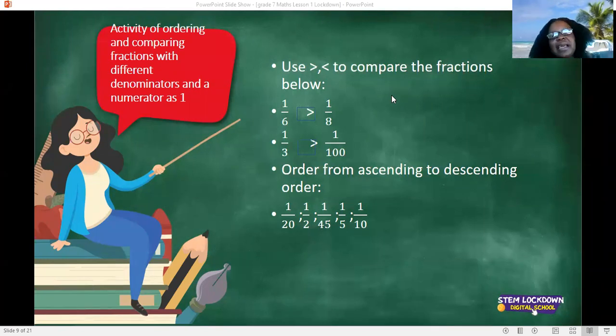And the second instance is when the numerator is 1 and the denominators are different: the bigger the denominator, the smaller the number, or the smaller the denominator, the bigger the number. Okay, so I'm going to move on.